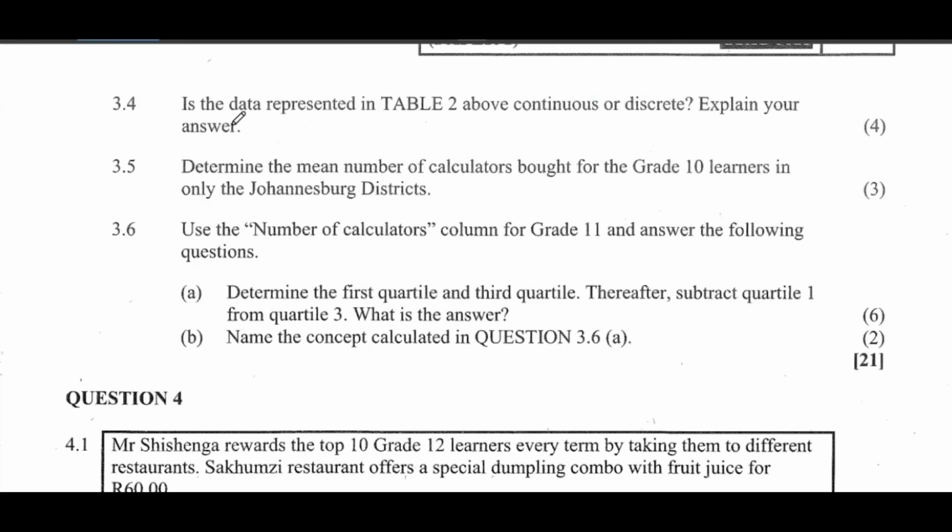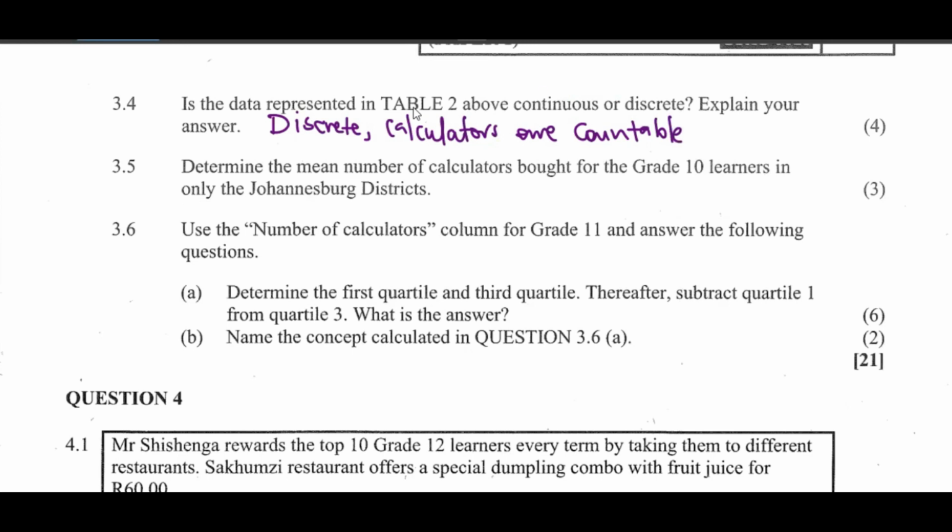3.4. Is the data represented in table 2 above continuous or discrete? Definitely, my friend, never look behind the moment you see such numbers where there are no commas. The data becomes discrete. Explain your answer. Calculators are countable. They are not measured. All right.